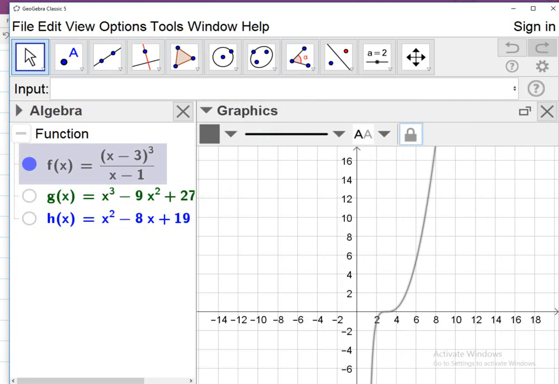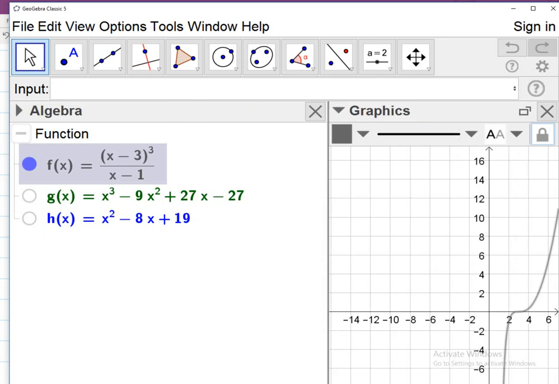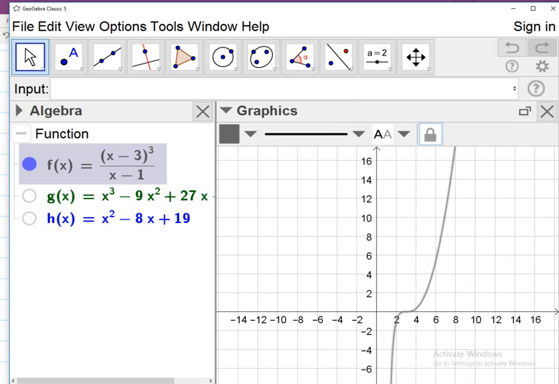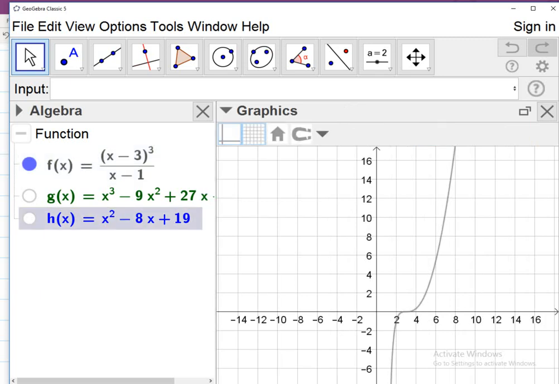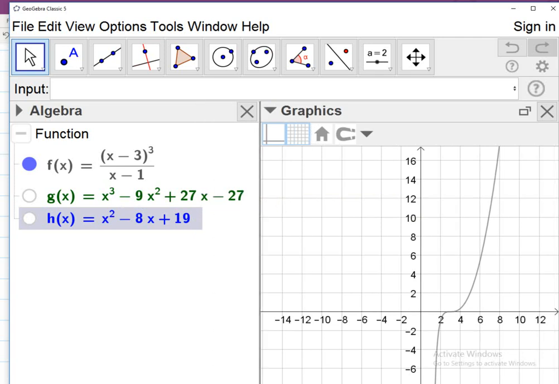If we take this rational function, the numerator expands to this green one. But if I actually go through the long division, this would be the quotient. Does that make sense? So take x cubed minus 9x squared plus 27x, and the last term, minus 27, and divide that by x minus 1, you get this.